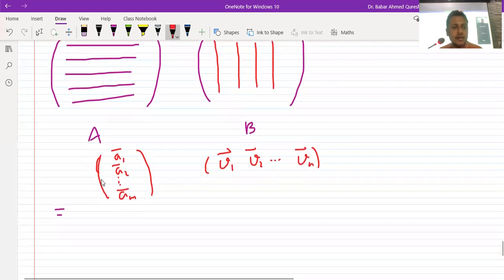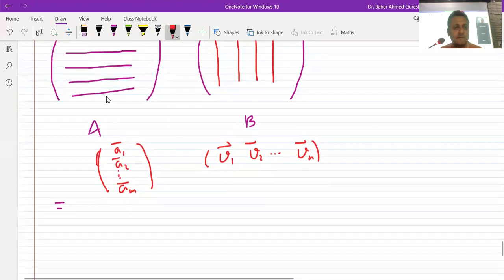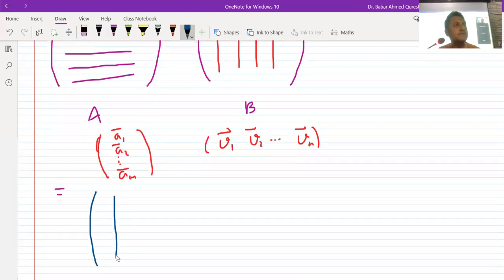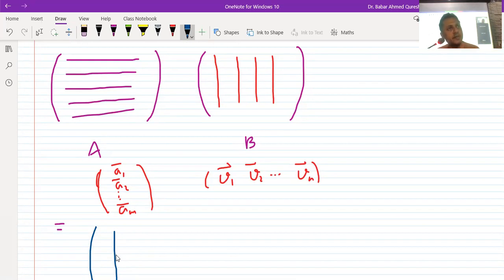And what I'm going to get back, if I multiply this matrix with the first column of B, I know that I'm going to get a column, right? Because that's what we saw previously. You can multiply a matrix with the columns, and you can think of it in this term. Take the scalar product of first row with the first column. Scalar product of the second row with the first column.